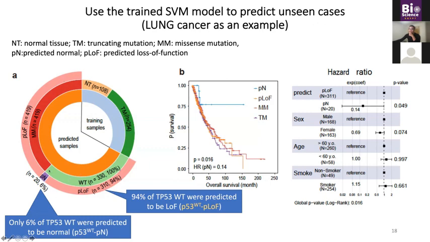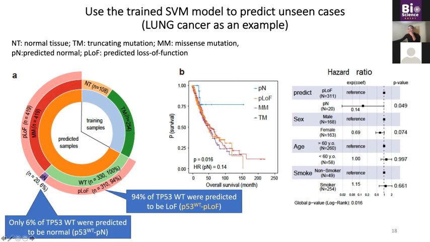In the wild type cases, all these cases have P53 wild type, so no mutation. And you can see 94%, 310 out of 330 cases, are predicted to be loss of function. Only 6% are predicted to be normal. For the missense mutation, 100% are predicted to be loss of function.